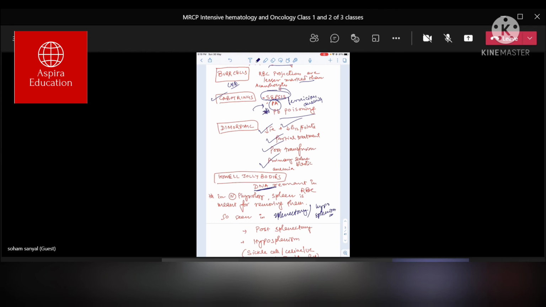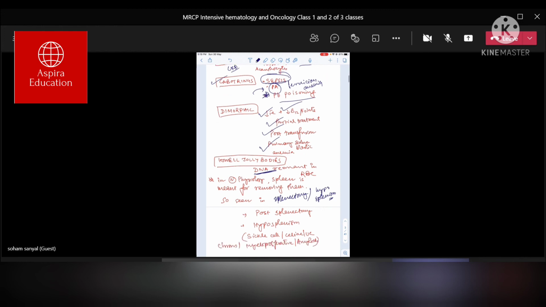Normally the spleen always removes, through sequestration, whichever RBC is denatured or defective or has a DNA remnant in it. But post splenectomy, these are not removed by the reticuloendothelial system, so they are present in the peripheral blood smear.